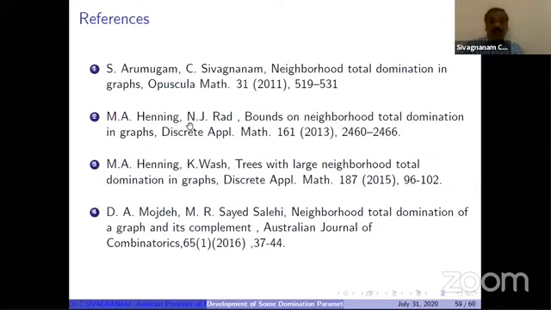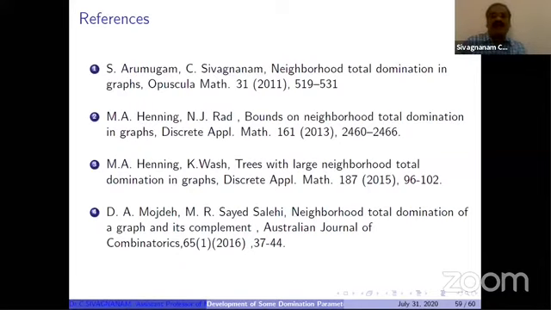In these 2 papers they are characterized. One paper is not sufficient: in one paper they characterize only n by 2, and in another paper they characterize n plus 1 by 2. The theorem is very big. I am giving only the statement, but the proof is very long, so 2 papers are required.